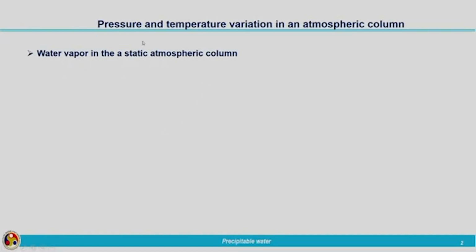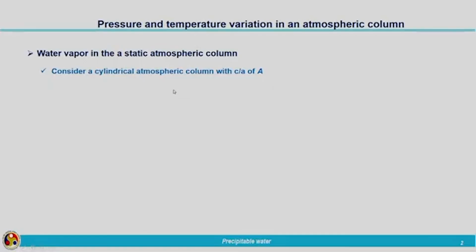What we need now is an idea about pressure and temperature variation in an atmospheric column, starting from the ground surface and extending into the atmosphere. The depth of this column depends on the height to which you want to quantify the pressure and temperature. So, water vapor in the static atmospheric column we need to quantify.